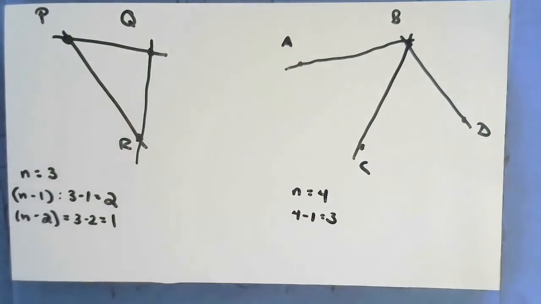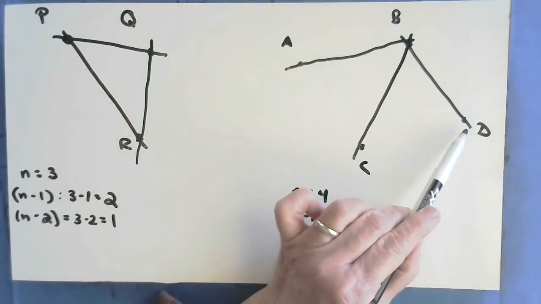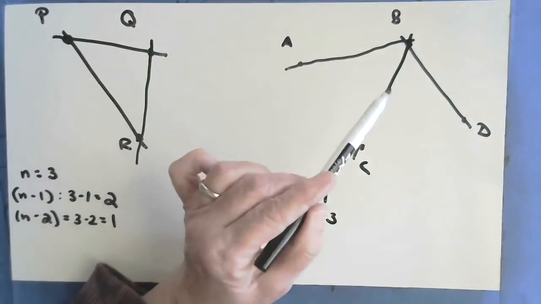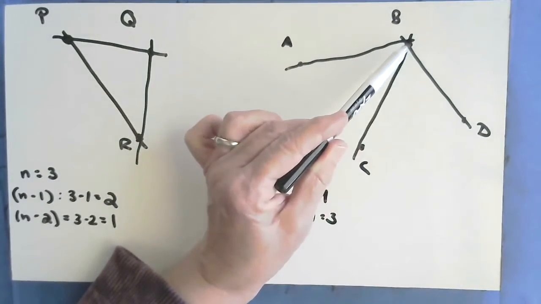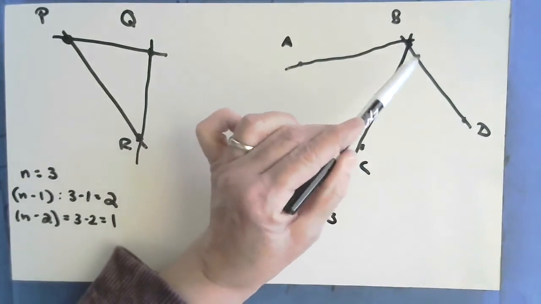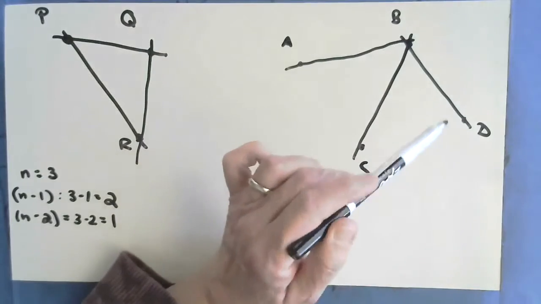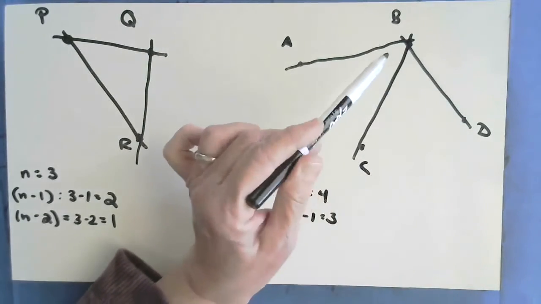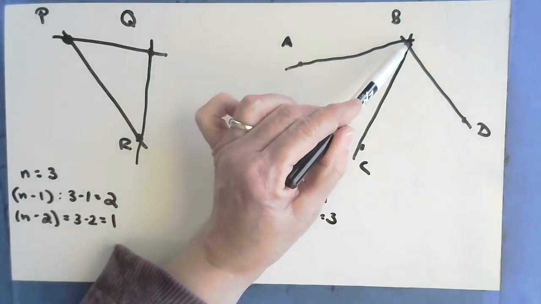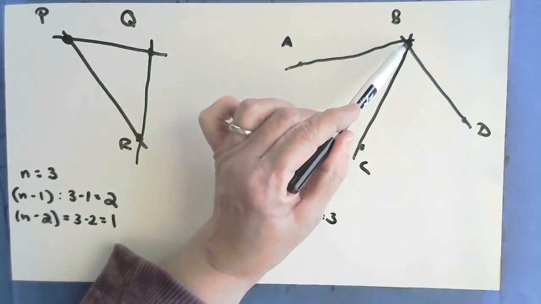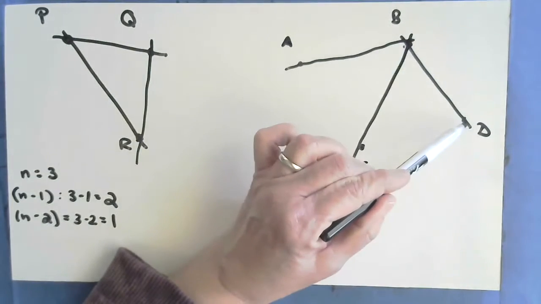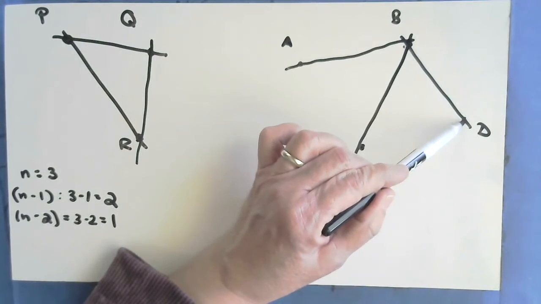Over here, I want to connect D to all the other points. It's already connected to B. B has already been connected, so it's really no longer in the game. And we say, all right, we have n minus 1 points, but I have 1 point already used. I'm pulling another point out of the set.